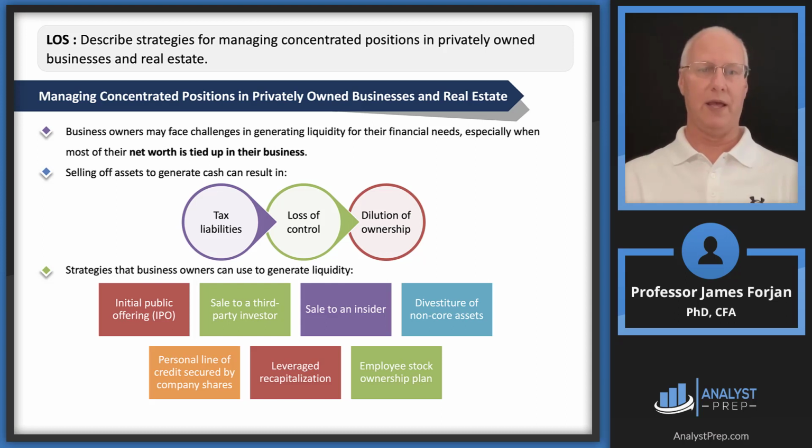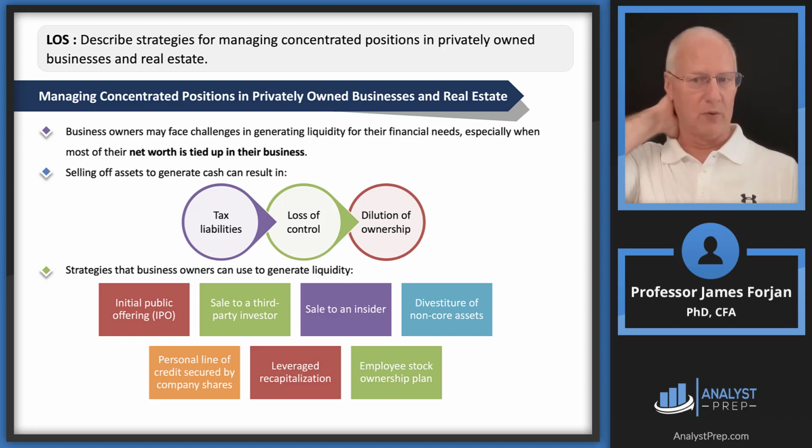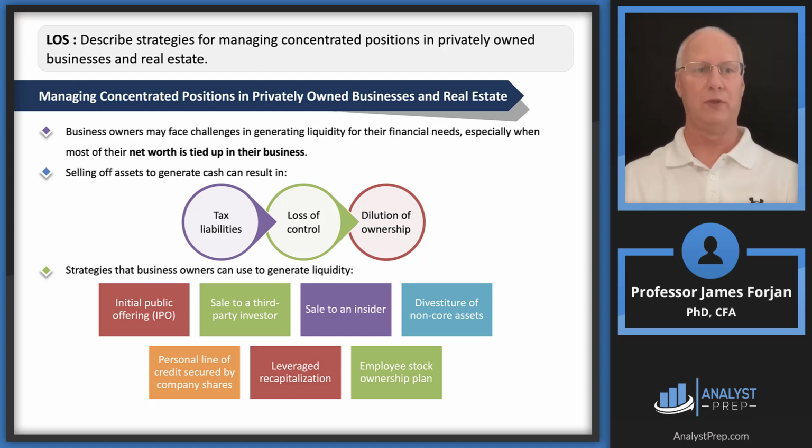We can go ahead and sell all of the assets or some of the assets. Notice at the bottom box, sale to a third-party investor, sale to an insider. We can sell some of our non-core assets. We can do some leverage there at the bottom, so personal line of credit, leveraged recap, or up the top left, we can go through an initial public offering. So those are sources of liquidity, and if we have an employee stock ownership plan, we can also do that.